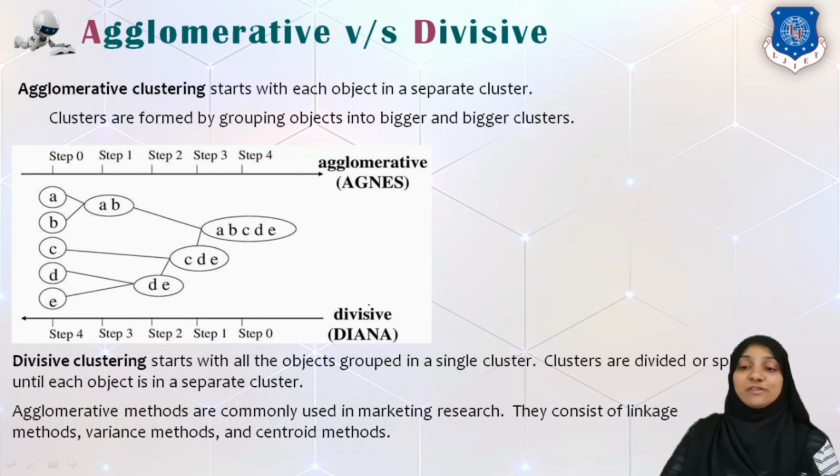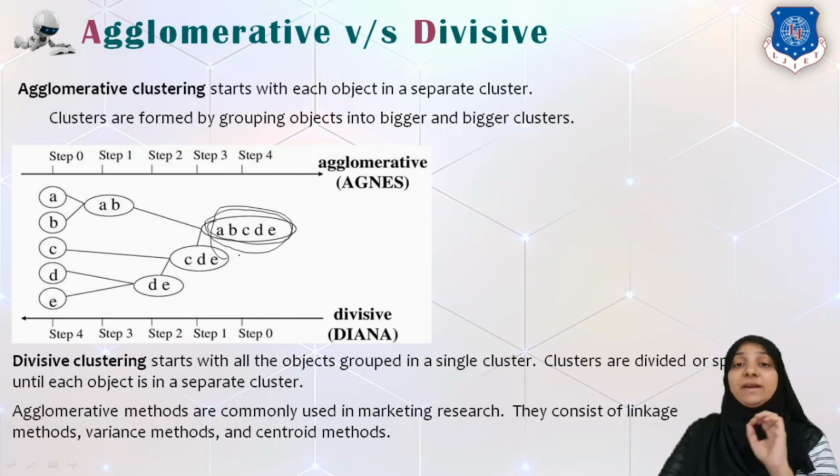In contrast, the divisive algorithm works from top to bottom. It initially considers all data points as belonging to a single cluster. Then it finds the heterogeneity within that cluster, that is, which elements are different from all other data points in the cluster.